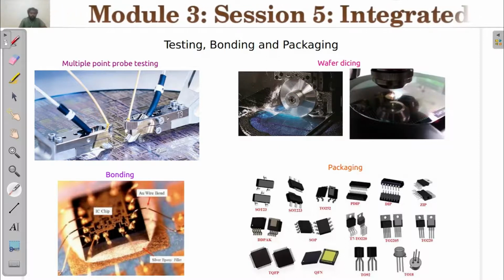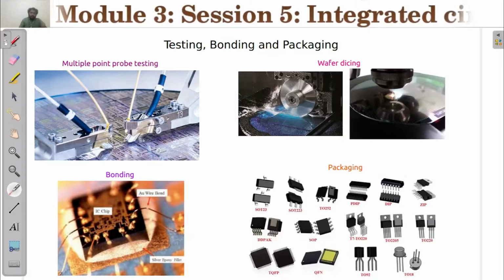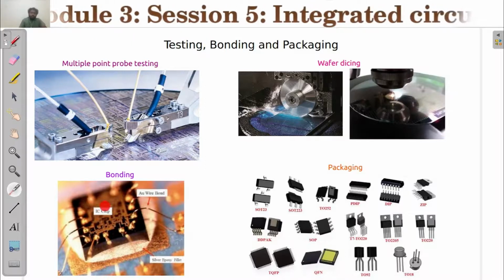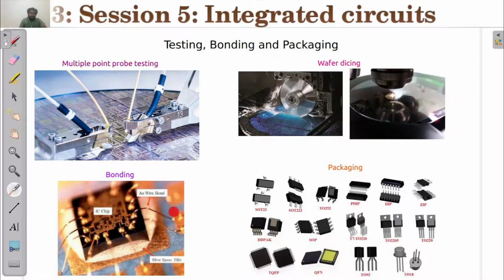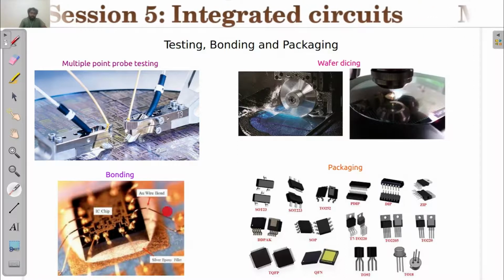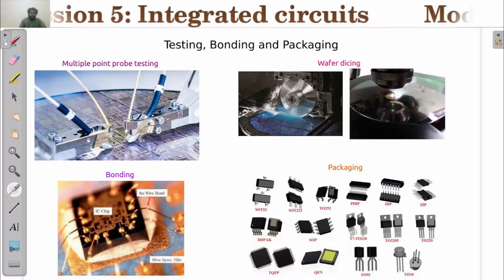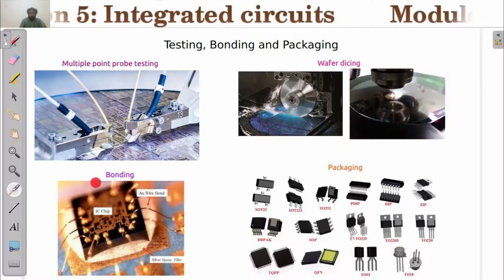And each of those small portions will go into a single IC chip. So this is our IC chip, and these IC chips will be connected to the external world using gold wire bonds. So this process of connecting it to the outside world is called bonding.